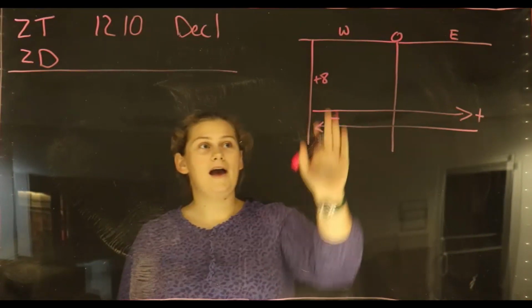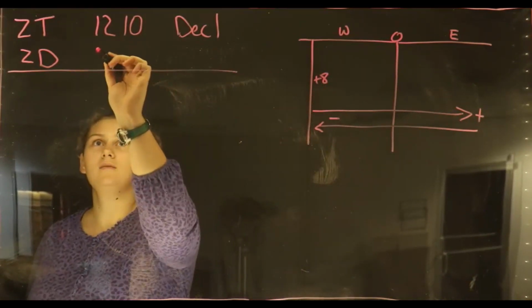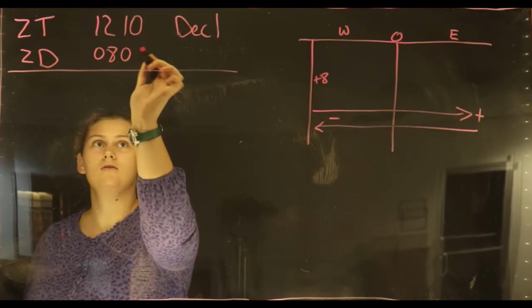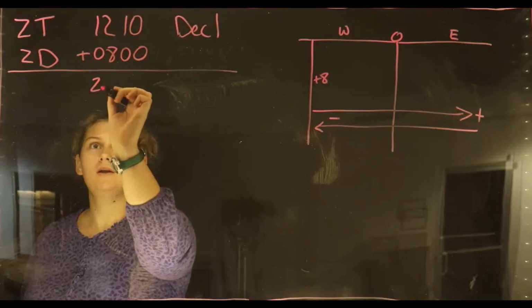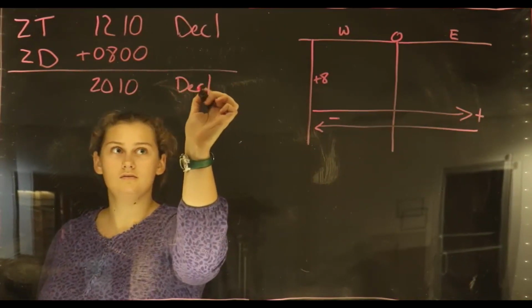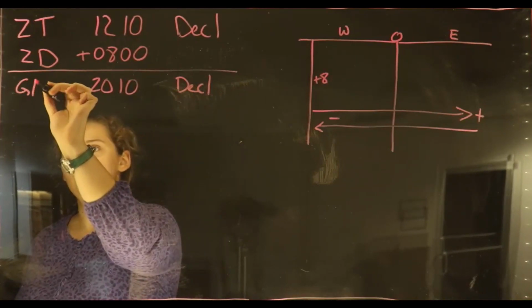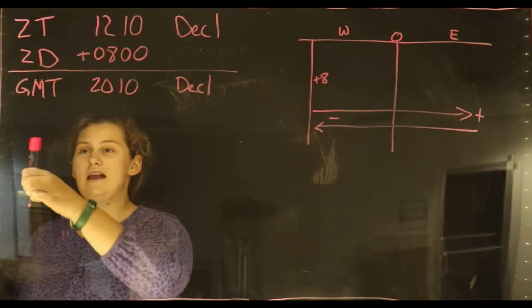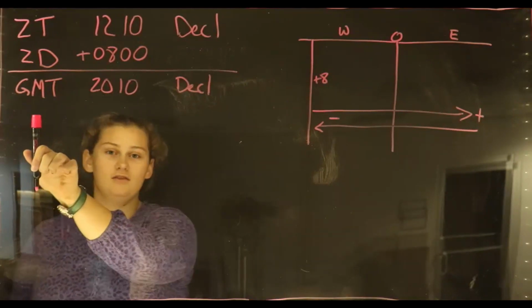So we will add our zone description of +8 to our zone time. So 0800, which is 2010 on December 1st. And this is our Greenwich Mean Time, abbreviated as GMT. I will refer to it as GMT for the rest of this video.